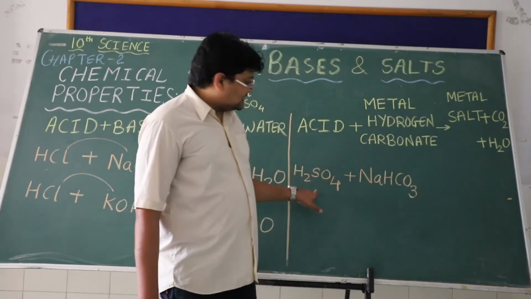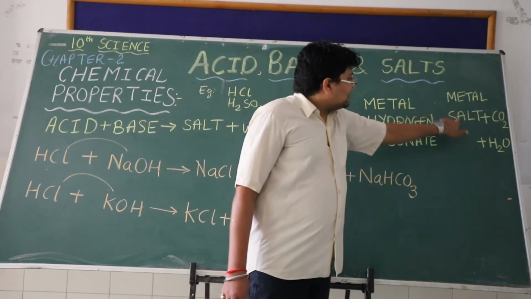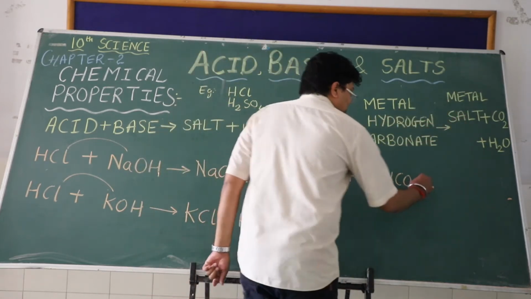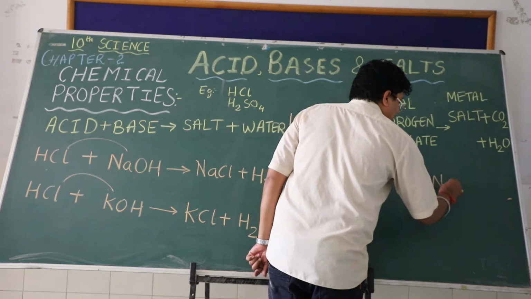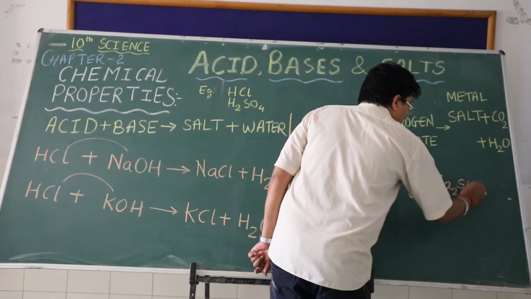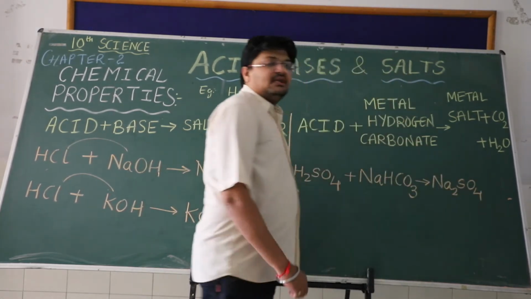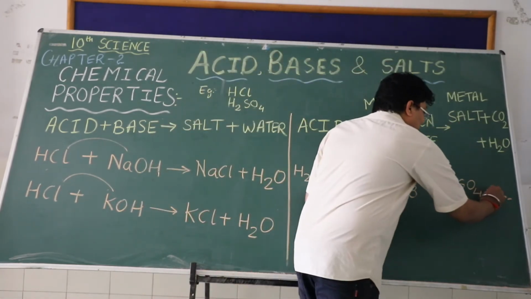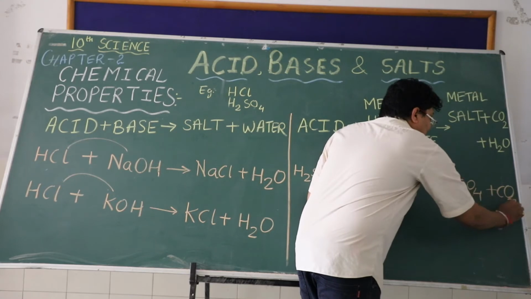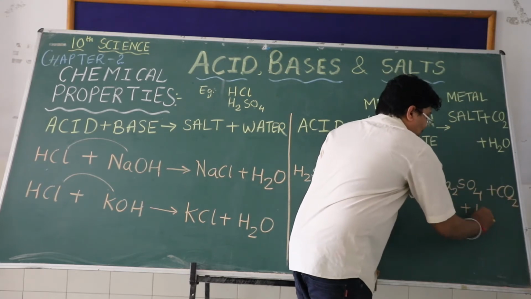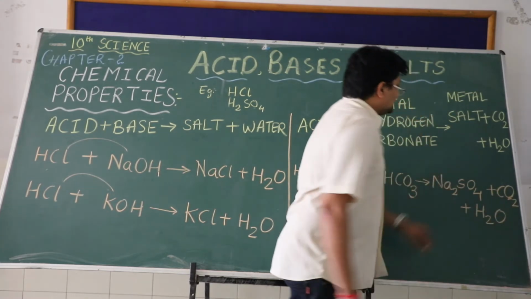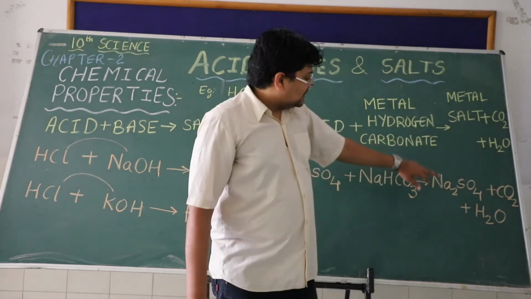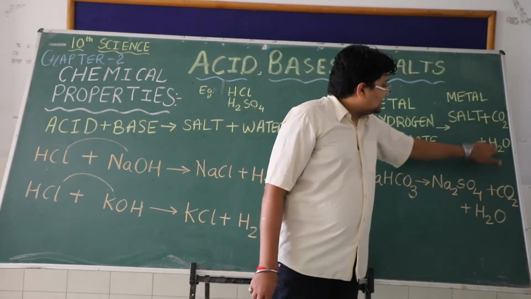Now this reacts with sulfuric acid to form what? Metallic salt. Which salt will be formed? Can you guess? Yes, it is sodium sulfate. Sodium sulfate will be formed, and carbon dioxide and water will also be released as per our general equation.